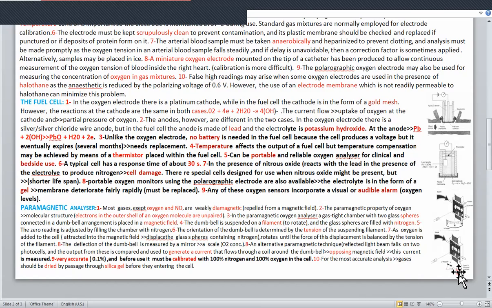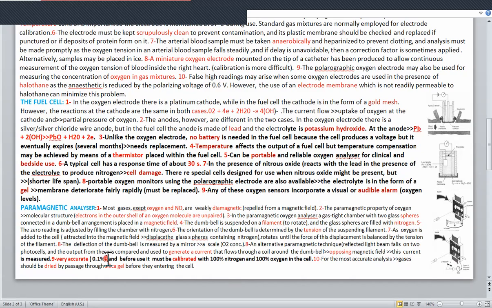This electric current will go to the coils around the dumbbells, creating a current to balance, so that the system regains the null deflection again. So the amount of current induced by this system can denote the amount of oxygen entering the cell.